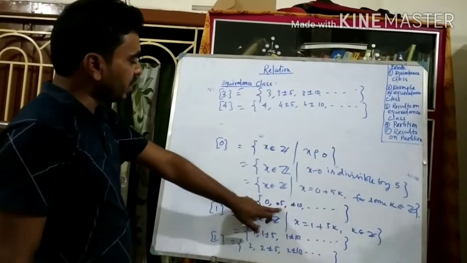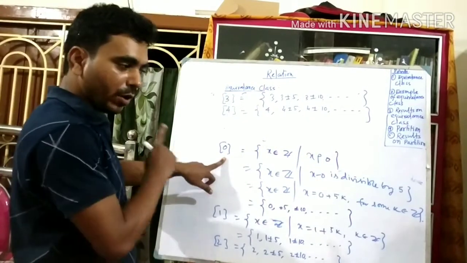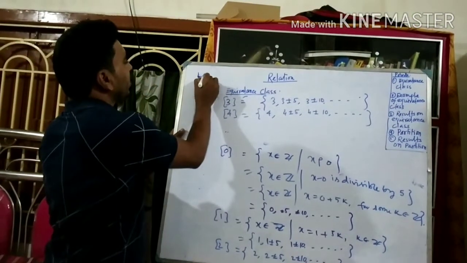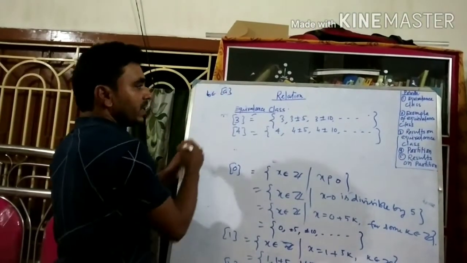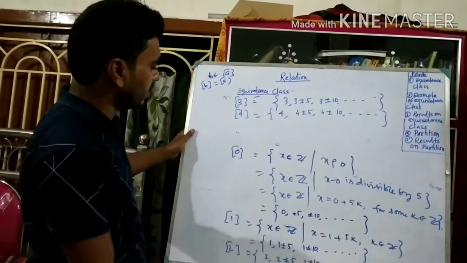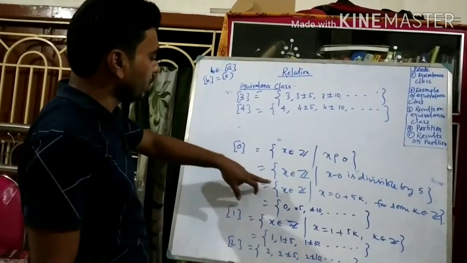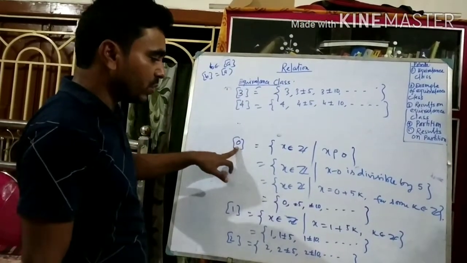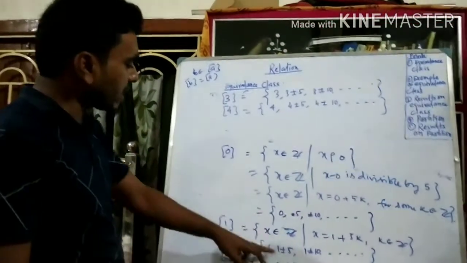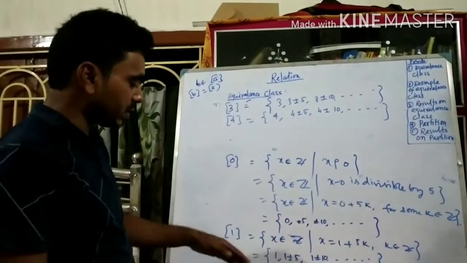Since 5 belongs to this class, and we have already seen previously that if b belongs to class a, then class b is nothing but class a, so since 5 belongs to class 0, class of 5 will be the same as class 0. Similarly, class 6 will be the same as class 1, and similarly all the others.